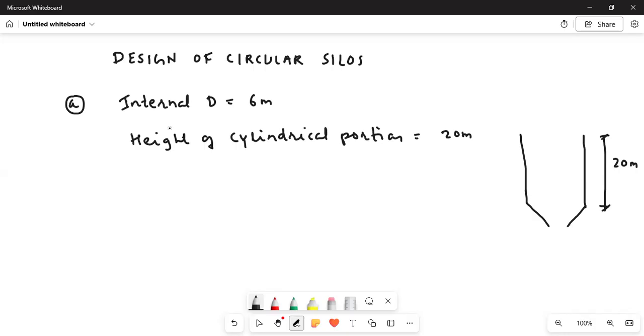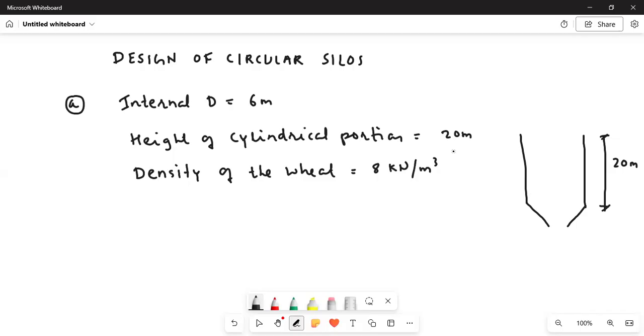Then the density of the material is given. Density of the wheat that is to be stored in the silos is 8 kilonewton per meter cube.